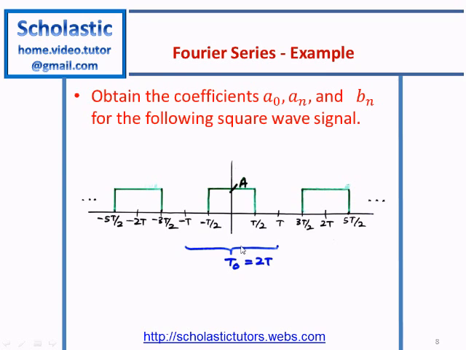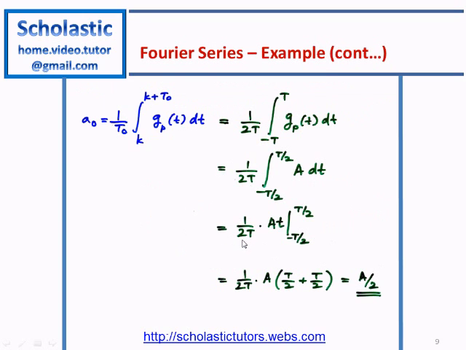So when you substitute T0 by 2 equal to 2T, you get the limits minus T to plus T, g(t) dt. Now we substitute the value for g(t).